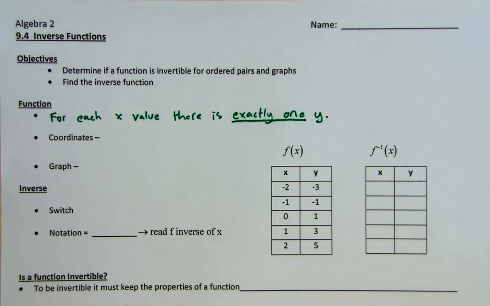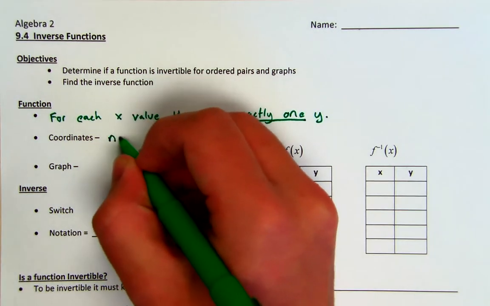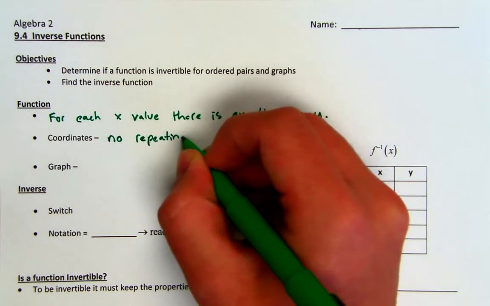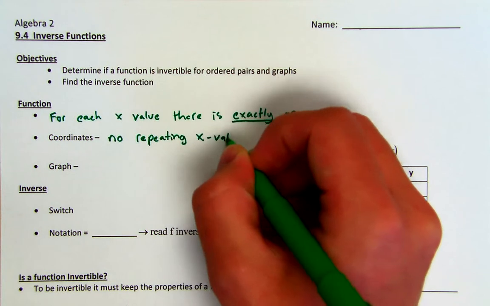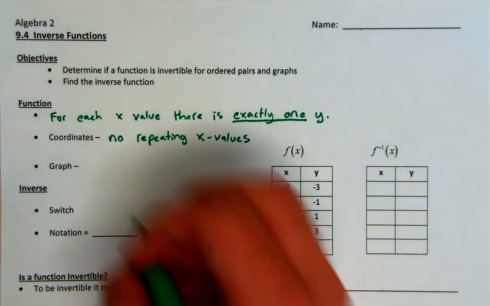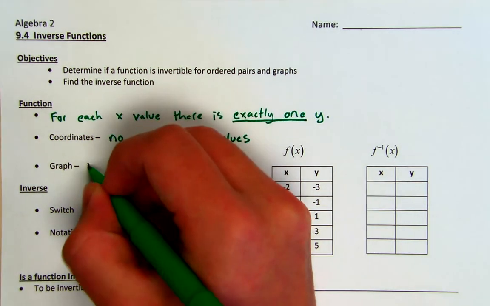When we're talking about a set of coordinates, we're looking for no repeating x values. When we look at a graph of a function, we're looking for that graph to pass something called the vertical line test.